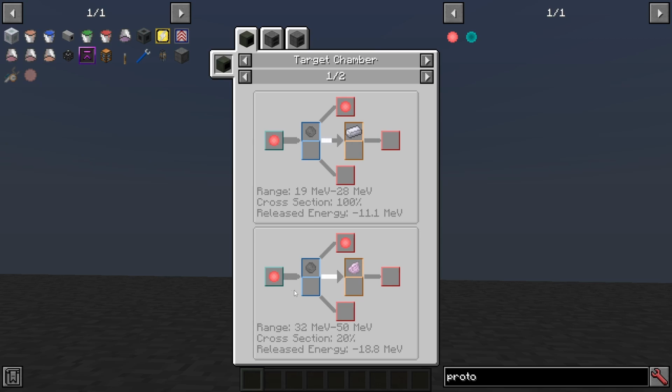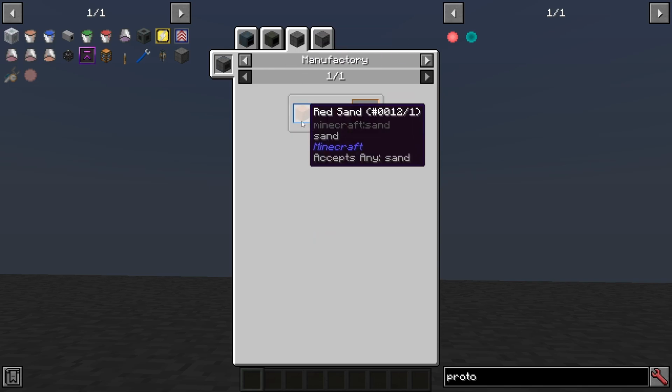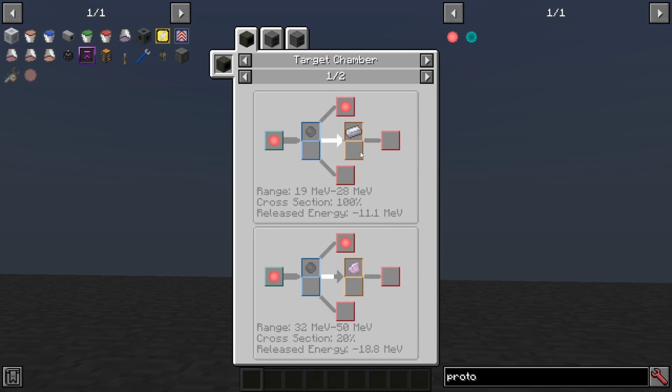They both input and output protons, so it helps us greatly. And silicon is also pretty easy to get, especially if you have mods such as Thermal Expansion or Industrial Foregoing, which can produce sand pretty quickly, and then using a manufactory, we can make sand into silicon. But I'm going to go with the top recipe.